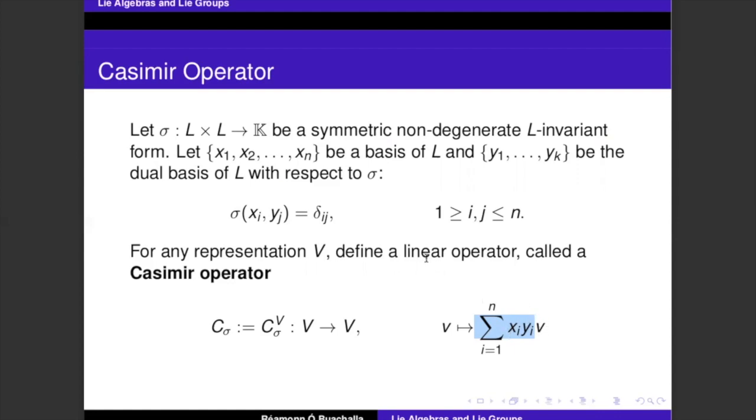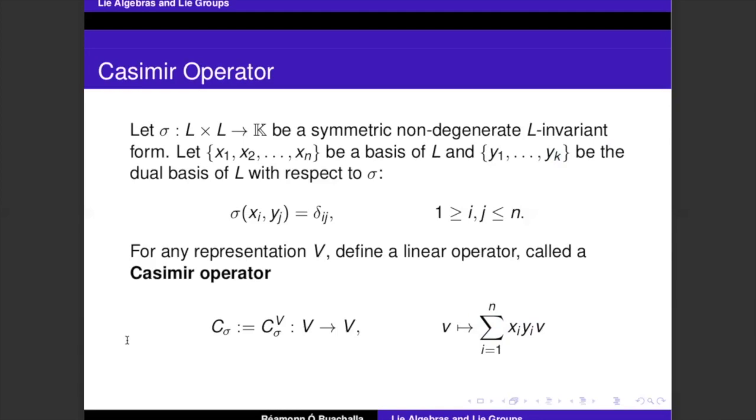This makes sense because these are contained in the Lie algebra, and we have a representation, so we can let the algebra act on v. And then we do this for all i's in the basis. Oops, sorry, that should be an n. It's a typo. For all elements, and sum them up. And this is what's called the Casimir operator.